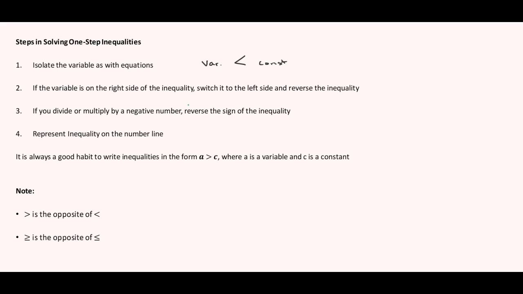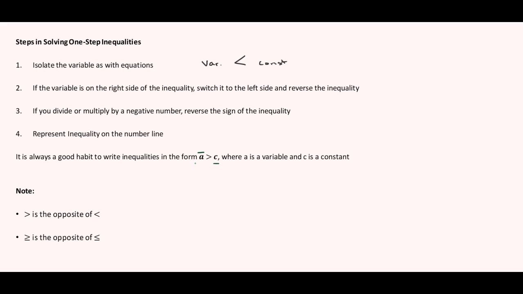And then when you divide by or multiply by a negative number, the sign must also be reversed. And then we can represent the inequality on the number line. And generally, good practice is you want to have your variable on the left hand side of the inequality, and then you want to have your constant on the right hand side.